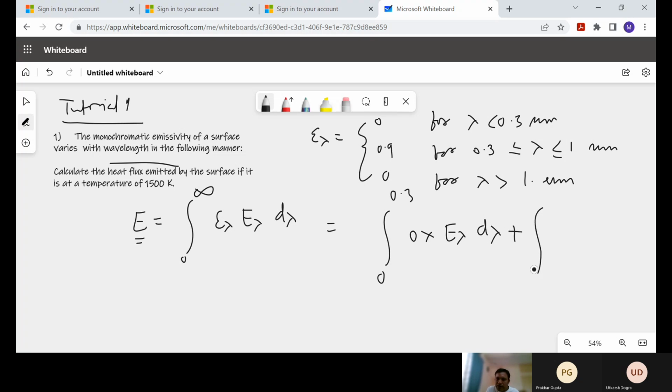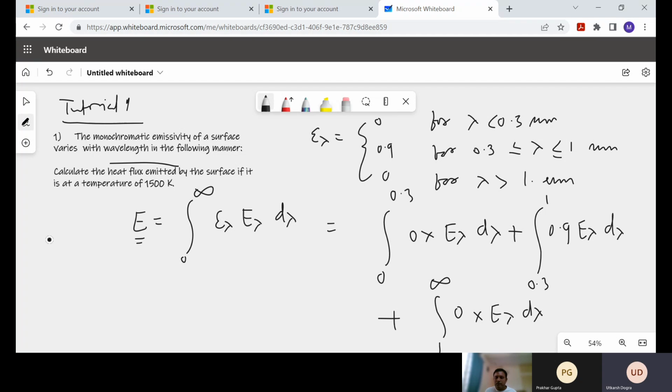The second expression will be 0.3 to 1, 0.9 E lambda d lambda, and the last term will be plus 1 to infinity, again 0 into E lambda d lambda. Do you all agree with me?